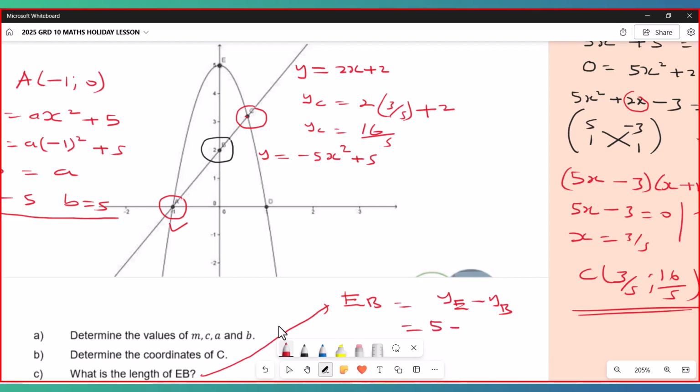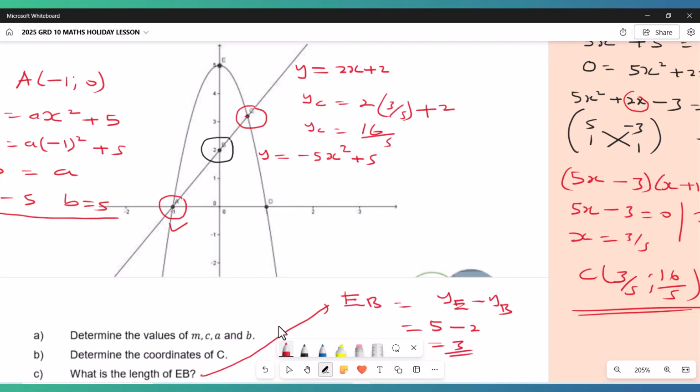Okay. What about y at B? We have the 2, which gives us 3 here. Okay, that's what we have now.